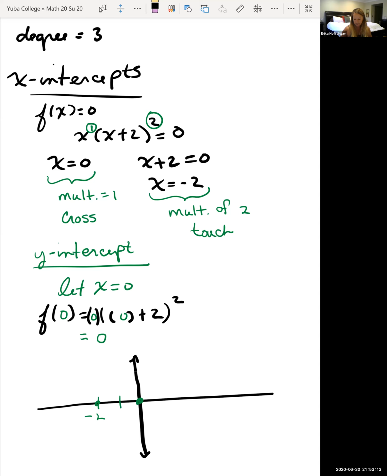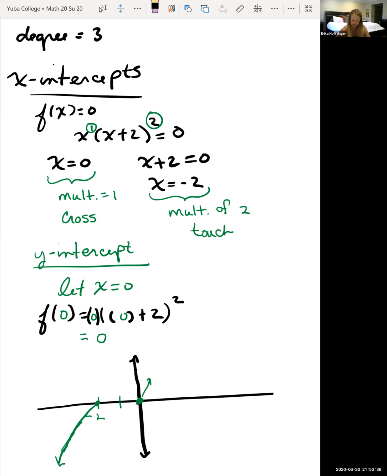We also know our end behaviors. As x was going to positive infinity, our graph was shooting upwards. And as x was going to negative infinity, our graph was shooting downwards. So we know that this graph has to come up here as it's getting closer and closer to negative 2.